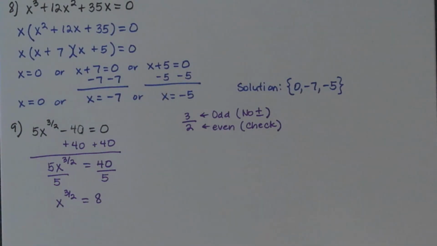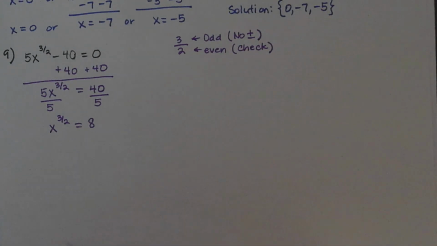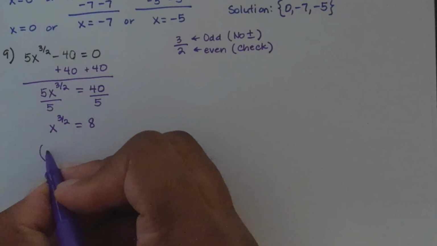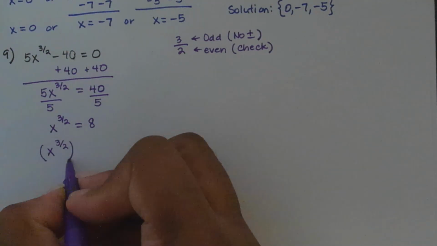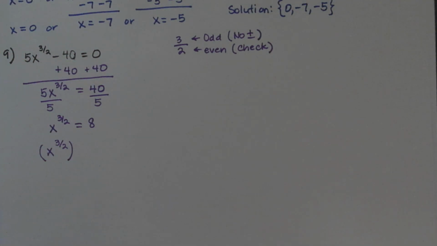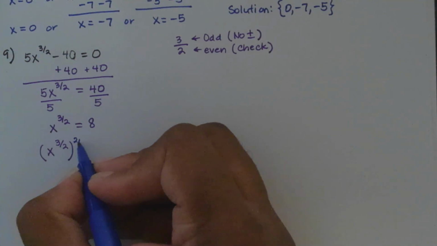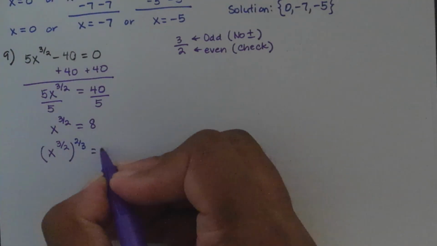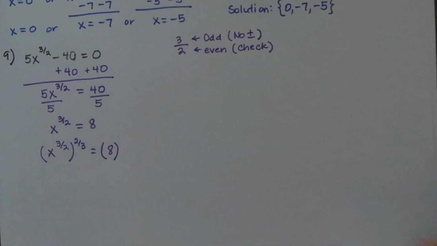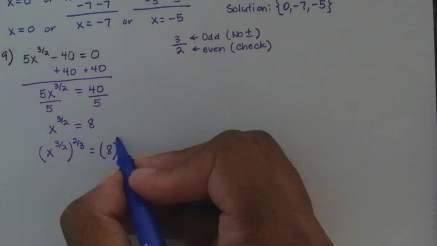All right, so now to solve for x, which is being raised to the 3/2, what would be the reciprocal of 3/2? 2/3. So I'm going to raise both sides of this equation to the 2/3 power. And this 8 would be to the 2/3.